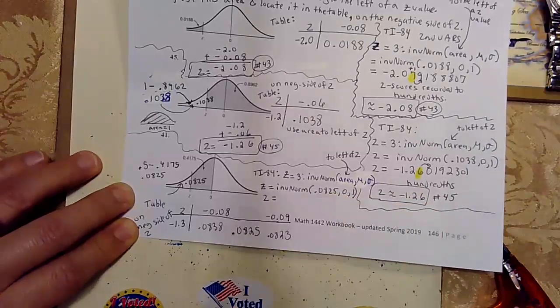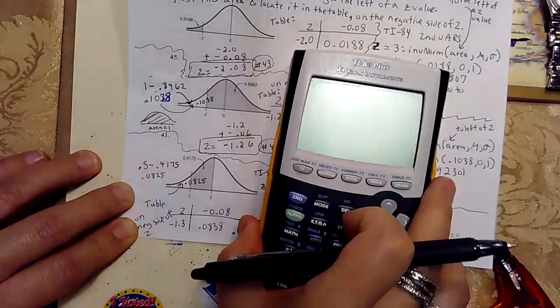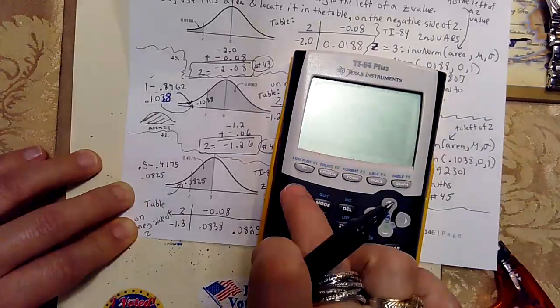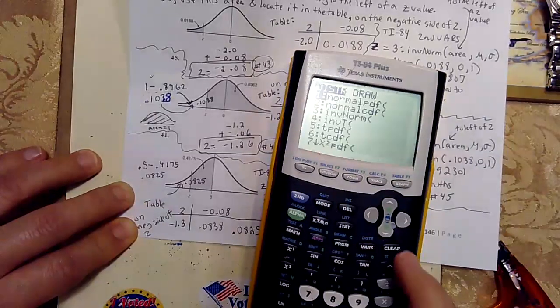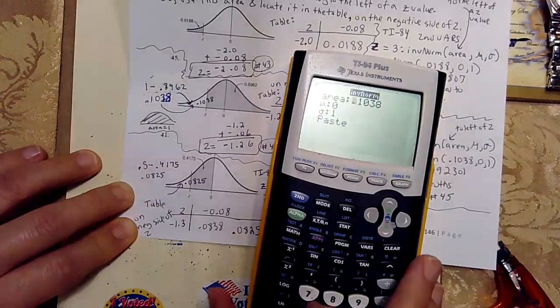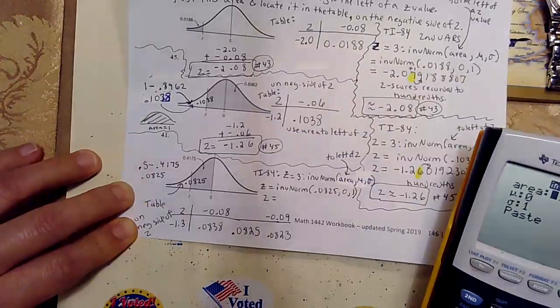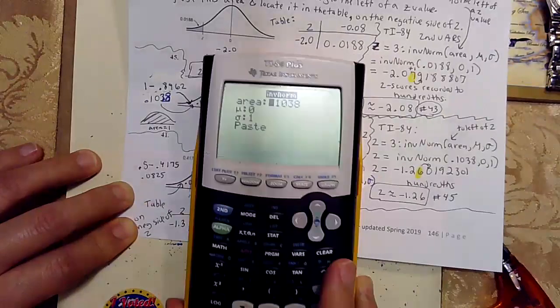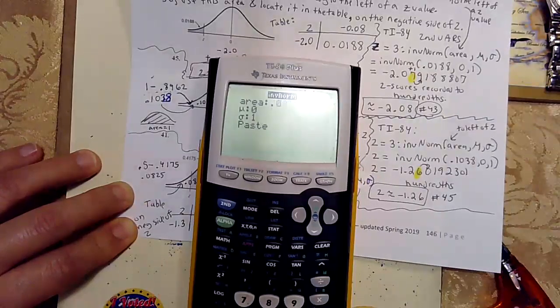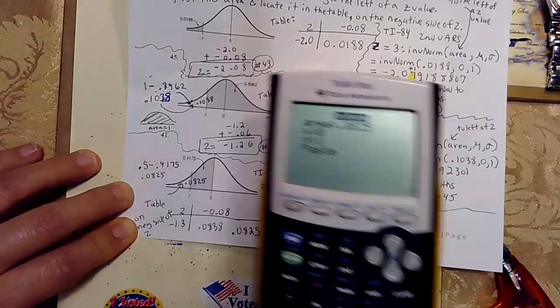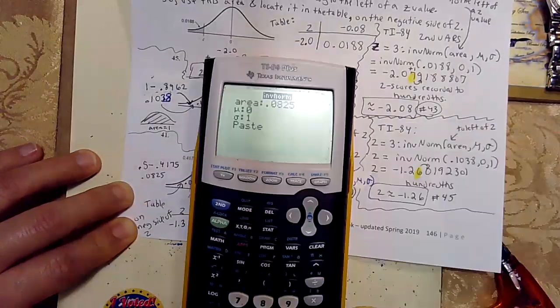That's second bars, number 3, and it's 0.0825. 0 and 1.